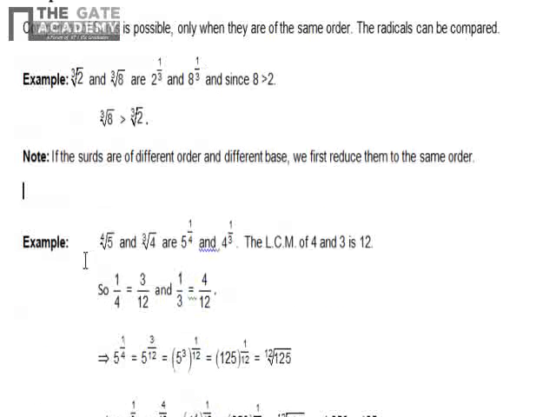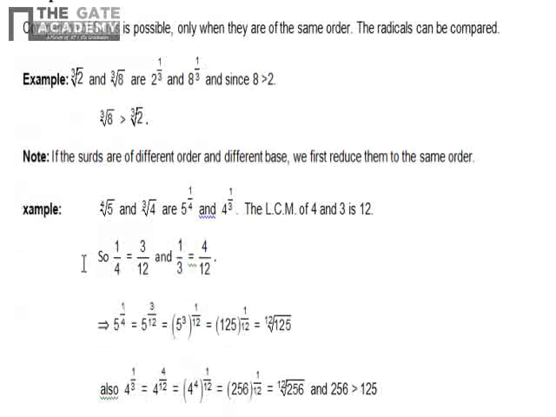Here this is fourth root of 5 and cube root of 4. Now 4 and 3 are different numbers, so we can't compare directly. So we'll have to find the LCM of 4 and 3, which is 12. Can I write 1/4 as 3 by 12 and 1/3 as 4 by 12?